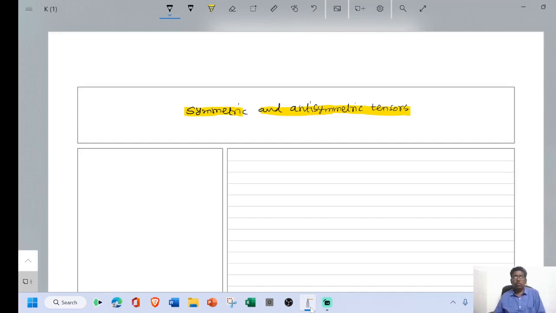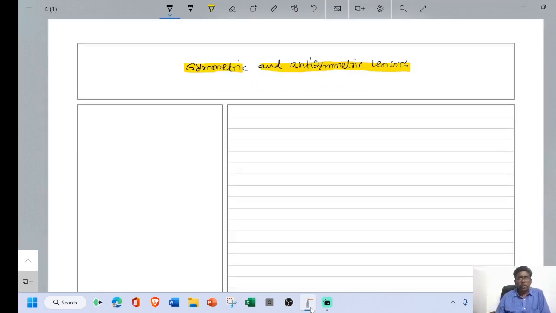Now we have to talk about symmetric and antisymmetric tensors. For that, consider a tensor Aij. This contravariant tensor, if the coordinates i and j are interchanged, we can get a new tensor Aji.